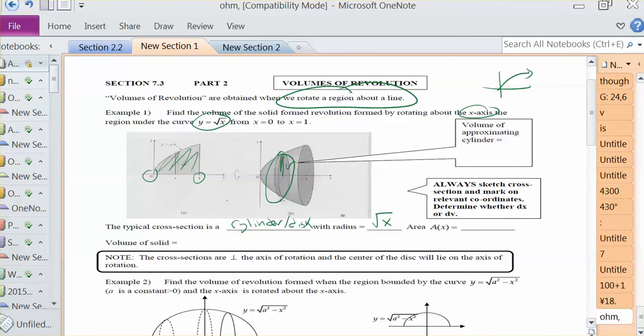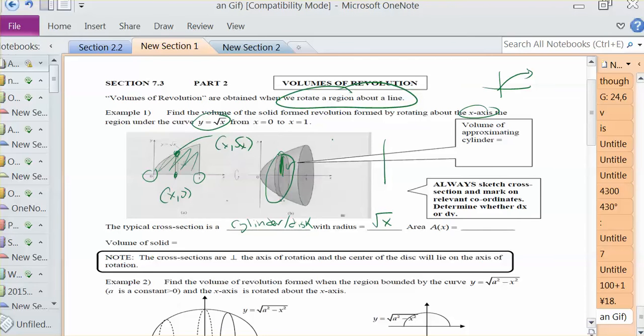That's because this distance right here is determined by the vertical distance from the endpoint on root x and the x-axis. So you can think of this as being (x, 0), and that point as (x, root x).